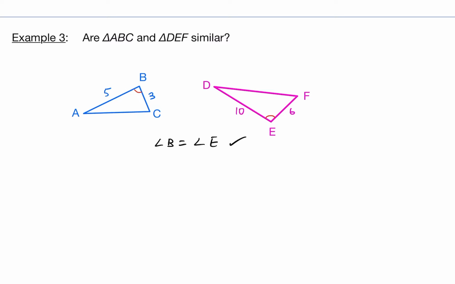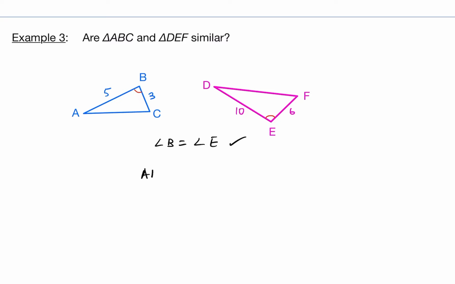Then we have to take a look at the proportions of the sides that make up this angle. So AB, and remember we have to follow the order of the way that the triangle is named. So AB happens to be the first two letters. So we have to compare that to DE, which is the first two letters of that triangle.